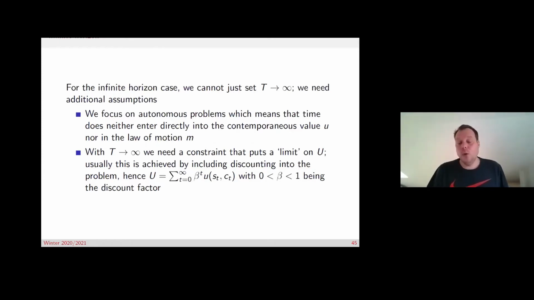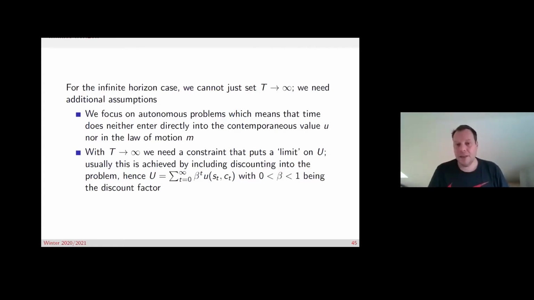So what we assume here is that this limit of the utility sum is achieved by weighing the further distant utilities by a smaller and smaller amount. So it could be the case that you have a super large utility sum in the very far future, which adds to your sum.